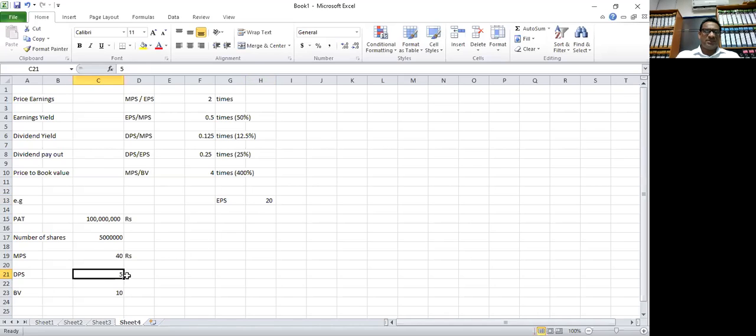Dividend payout is 5 divided by 20, which is 25%. Dividend yield is 5 divided by 40, since the dividend is 5. Any more questions?